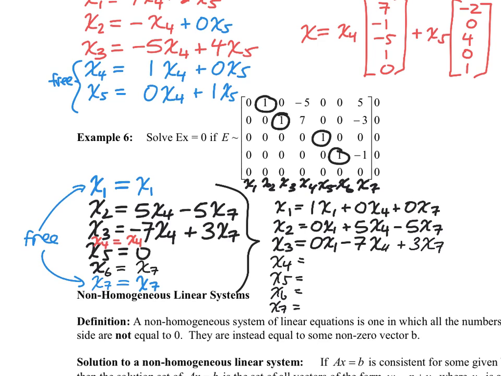All right, x sub 4. We're going to have 0 x sub 1 plus 1 x sub 4 plus 0 x sub 7. X sub 5 is the one with all zeros.